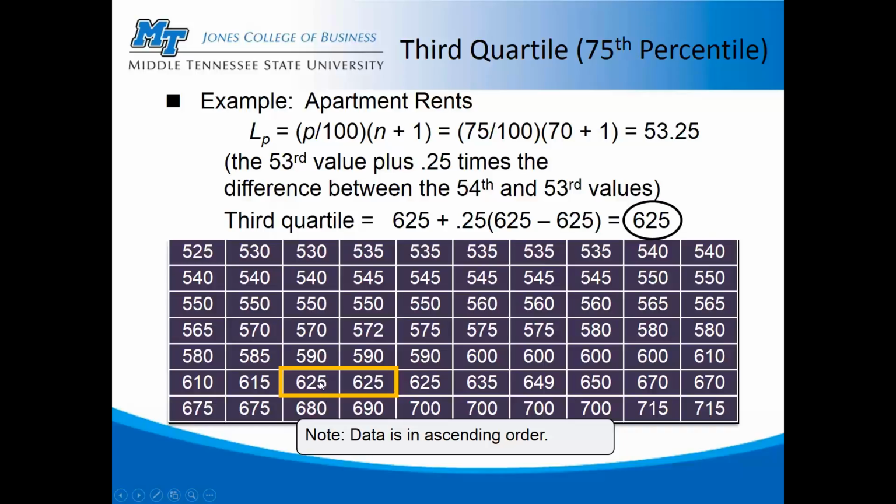But the numbers at location 53 and 54 are the same. So if I go 25% of the way between two numbers that are the same, I'm just going to get that same number. So the value of the third quartile for this particular set of data is 625.